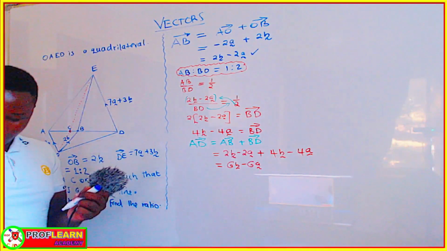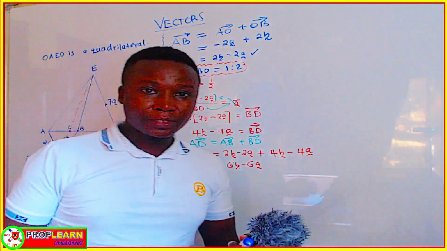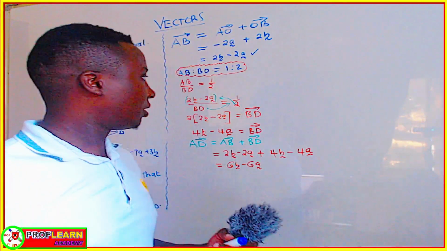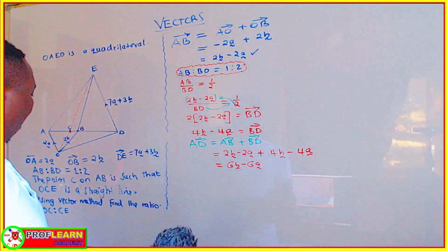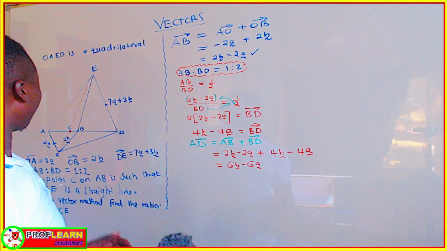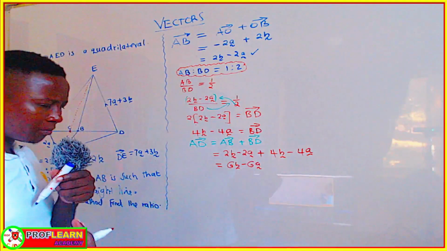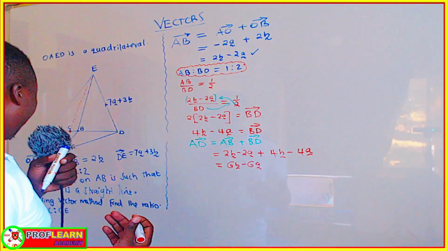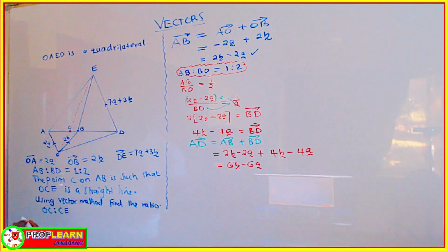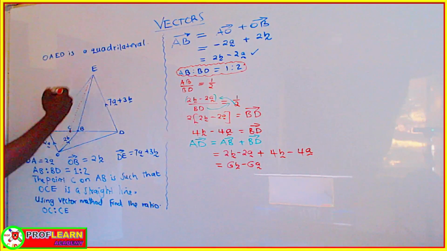Now, we were analyzing the information that was provided to us. The next thing now is to find a strategy which can enable us find the ratio of OC to CE. In order to do that, I want us to try to visualize. We want a ratio that divides line OE.